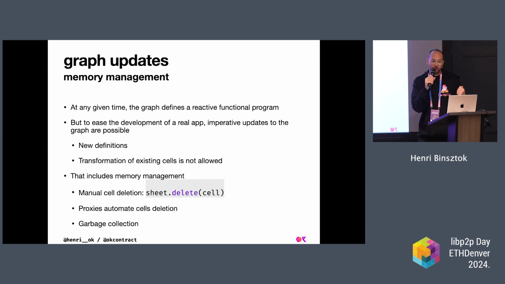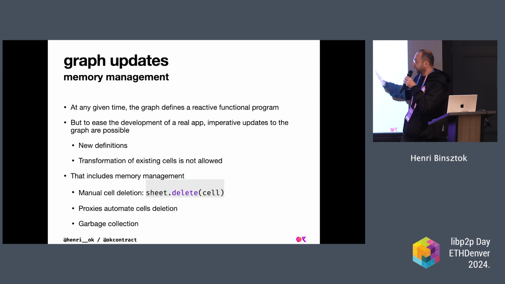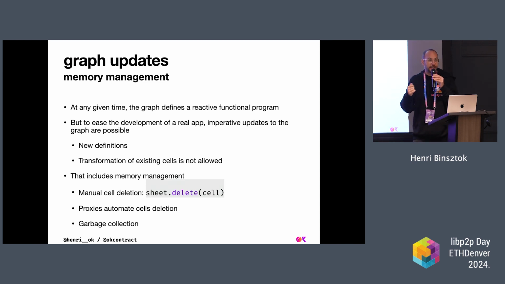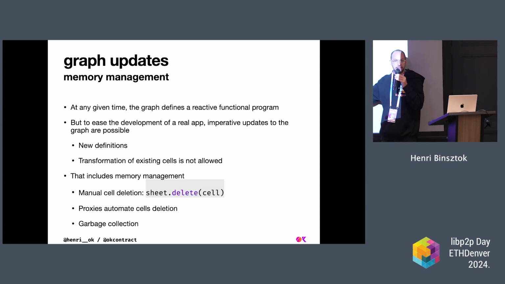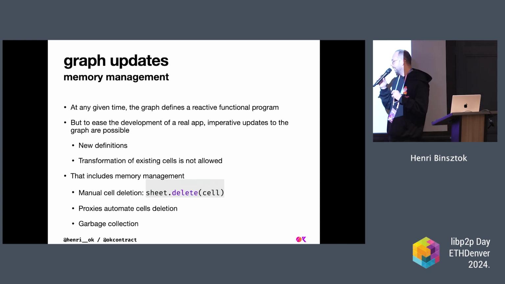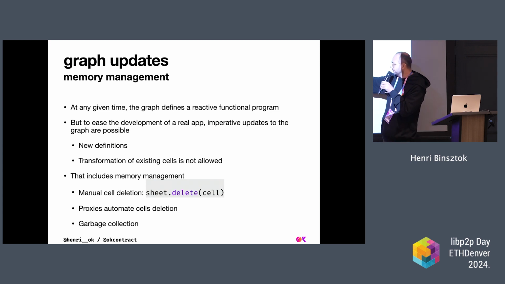At each time the graph is valid, and we can add new definitions to the graph, but transformation of existing cells, unless setting the value of an existing cell, is not allowed, because this enables us to do a lot of statistical analysis and much more in the safety part of the runtime. I should have had a slide on these benefits. And that includes memory management.